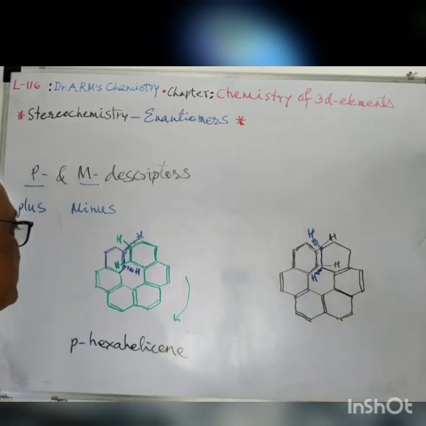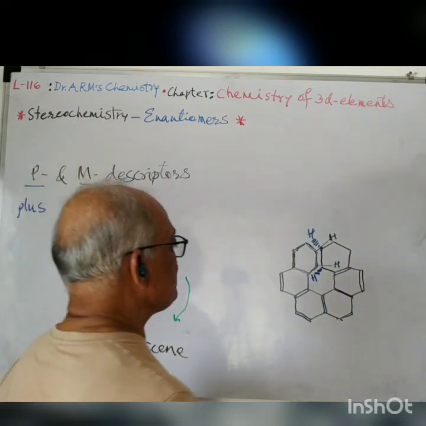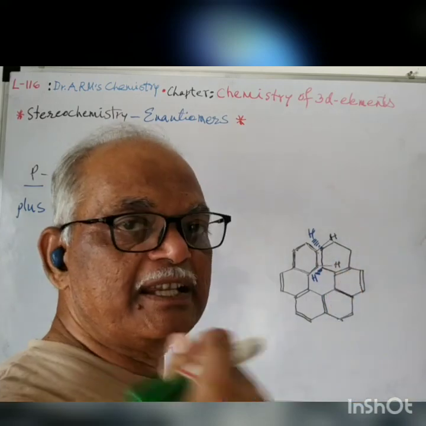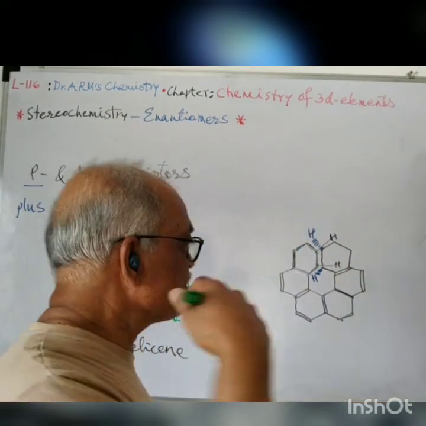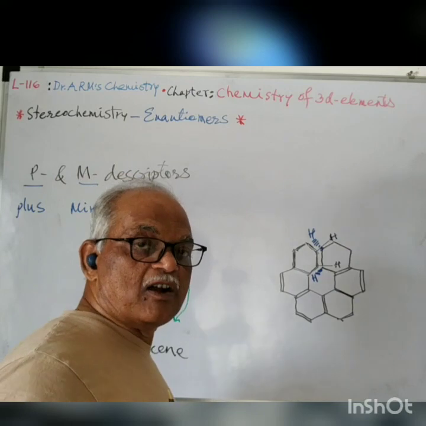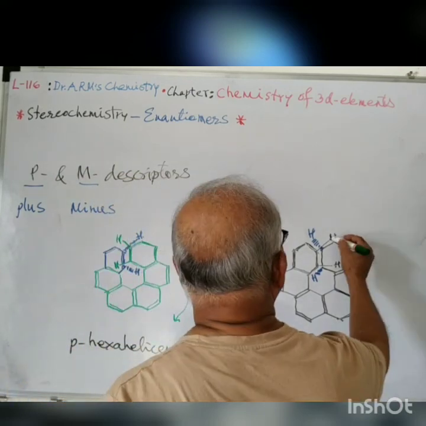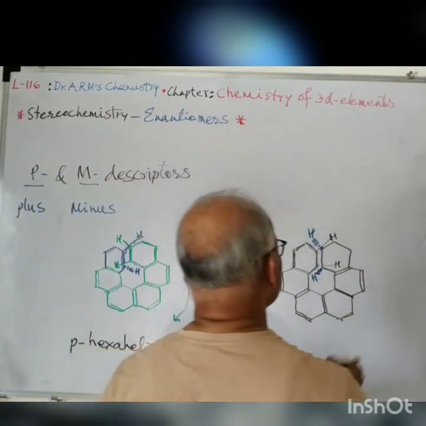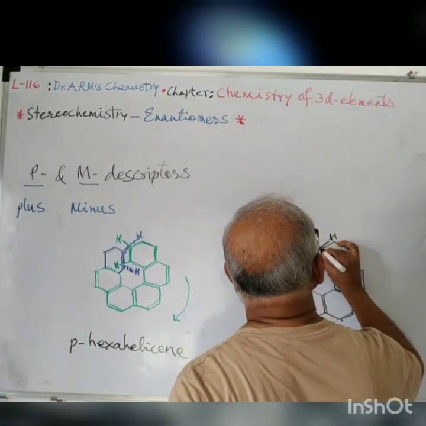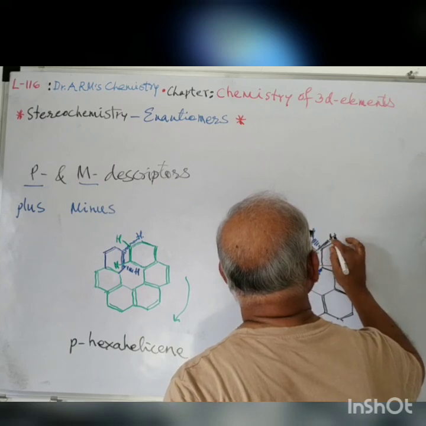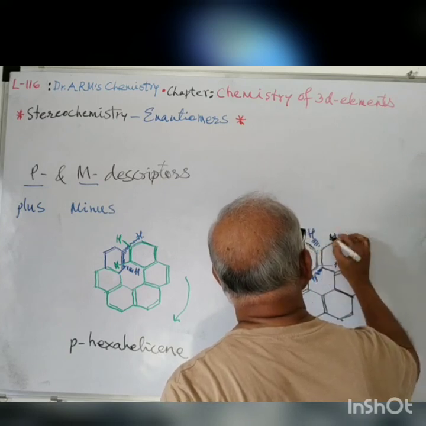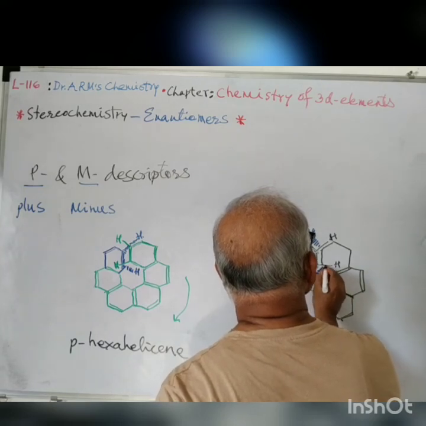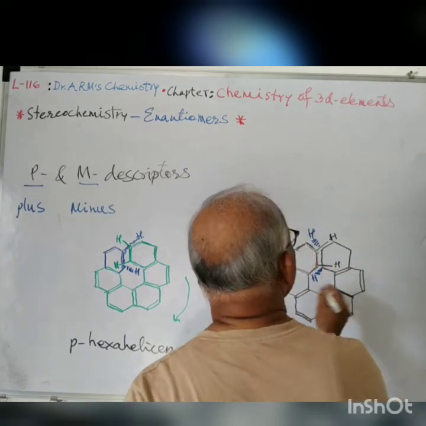So it is screw-like structure, and here you will find that the dotted line indicates that they are lying at lower position or to the other end of the helix, and these black hydrogens are pointing towards us.